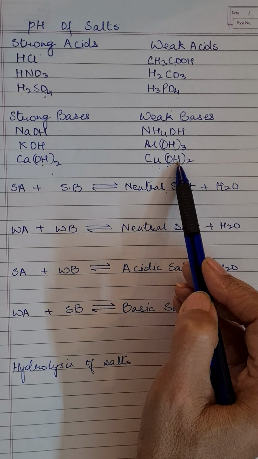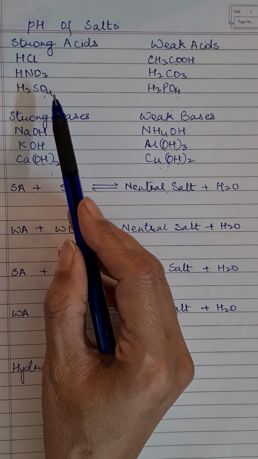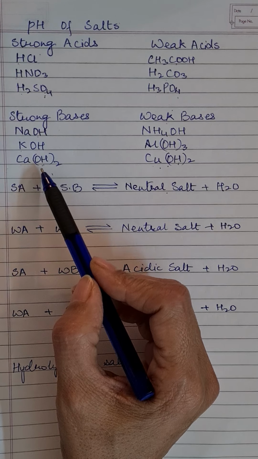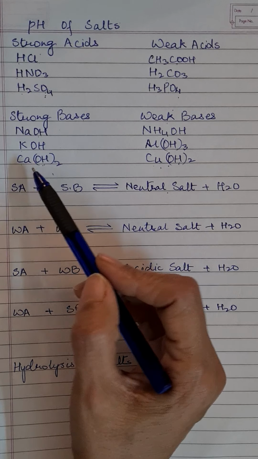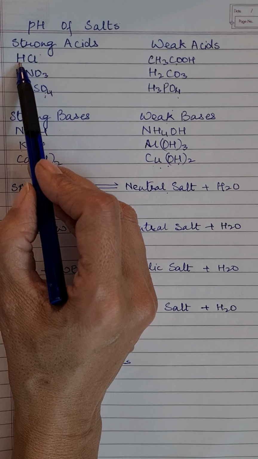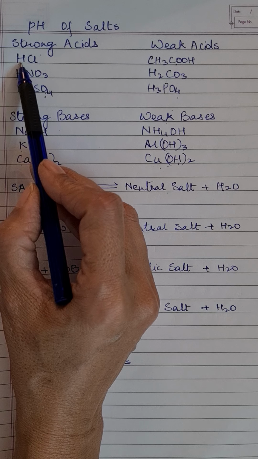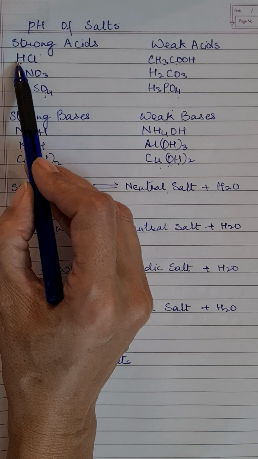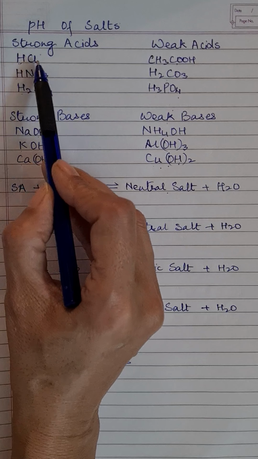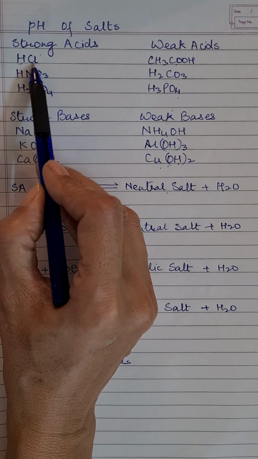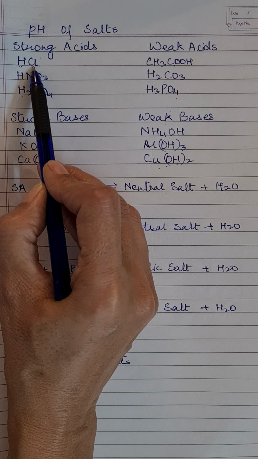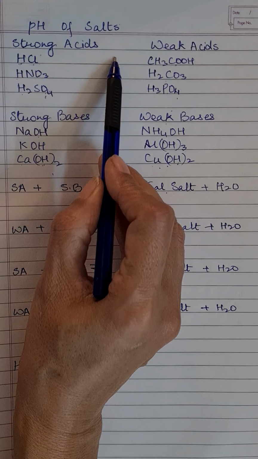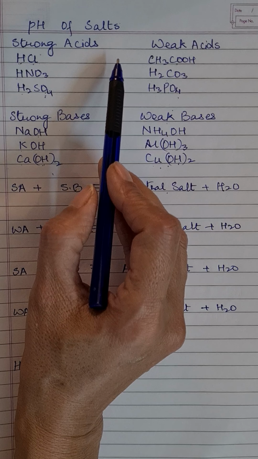Now children, we've already studied how a particular acid or base is categorized as being strong or weak. Once again, let's recapitulate. A strong acid will dissociate into hydronium ions and negatively charged anions when dissolved in water to a very large extent, and it is 100%.